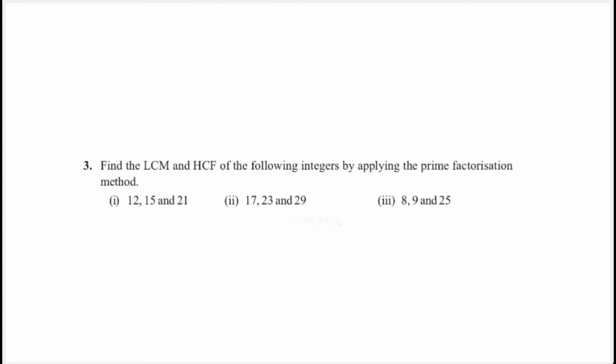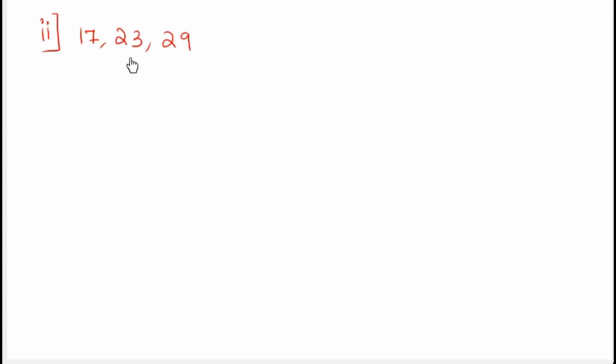Second part, numbers are 17, 23 and 29. 17 के factors होंगे. 17 is a prime number, so it is divisible by 17 itself. 17 ones are 17.